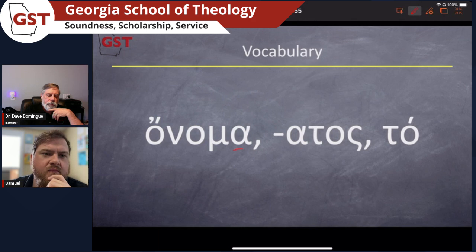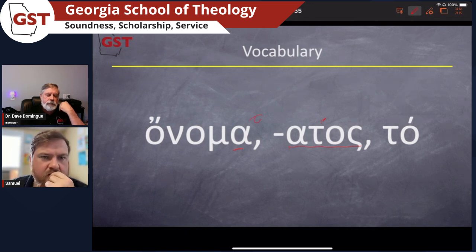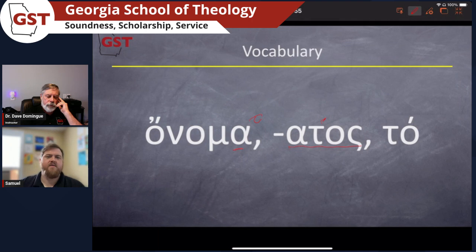Onoma. But look at the genitive form. It ends in a tau. So it ends in a tau for its stem, and what happened to the tau over here? Well, it doesn't like to stand alone at the end of the word. That's right, because a third declension nominative has no ending. So the tau dropped off and you get onoma. So it's third declension, it ends in alpha, and it's a neuter word, right? Yes, sir.